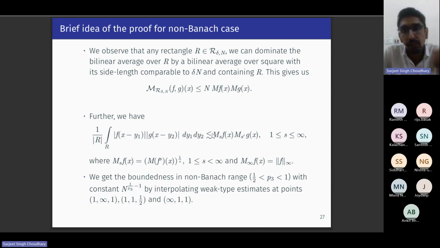Then using the interpolation between these two points, we can get the L^p boundedness in the non-Banach range, that is, when p3 is strictly bigger than half and less than 1. We get the norm which is a constant times n to the power 1/p3 minus 1.